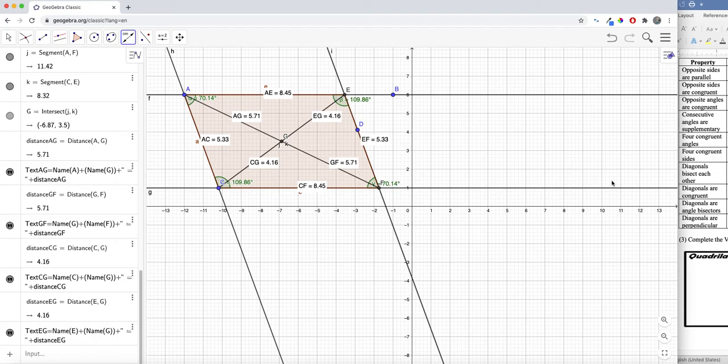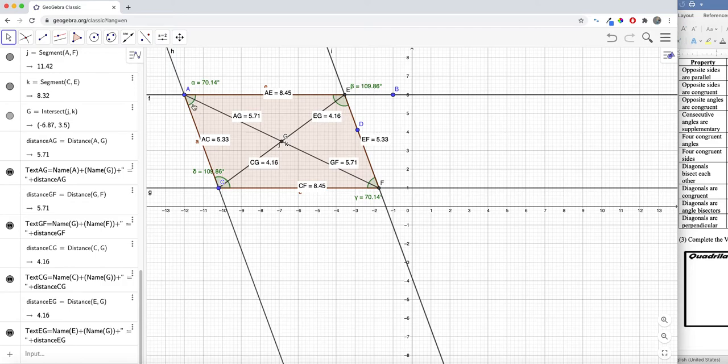Diagonals are angle bisectors. So we're going to have to test that. This is getting a little messy. I'm going to move this angle measurement up here, this one up here, this one out here, this one out here. All right. Now, what we need to check is whether these angles are bisected.